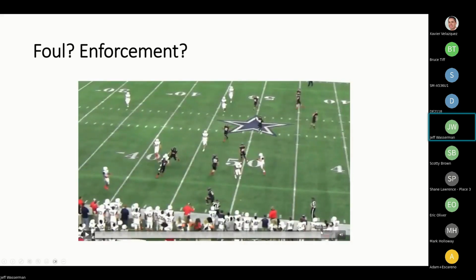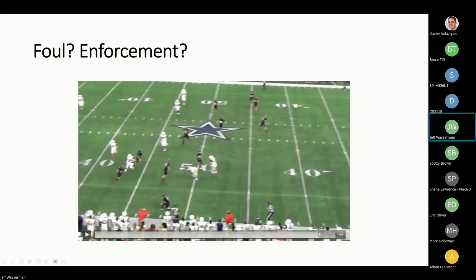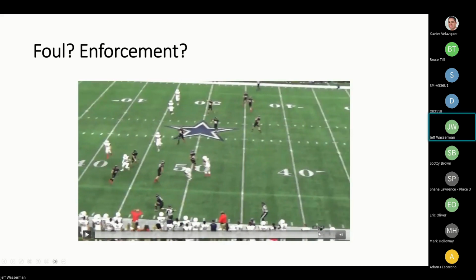All right. So we've got a foul for an illegal block. Okay, the enforcement. What are Team B's options? The only option they have is to take it at the previous spot and do a re-kick with a 5-yard penalty. So that would have been a big play here because the kicking team would have had another chance at this since they ended up with possession.